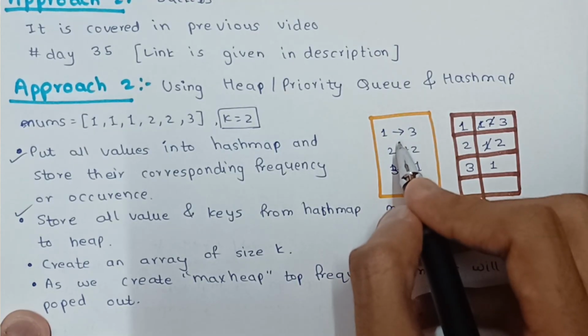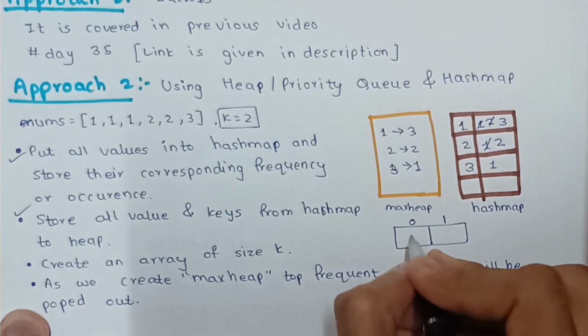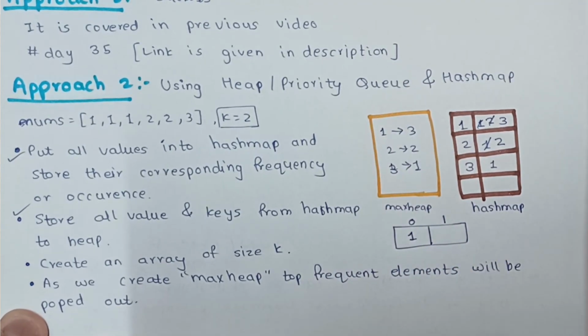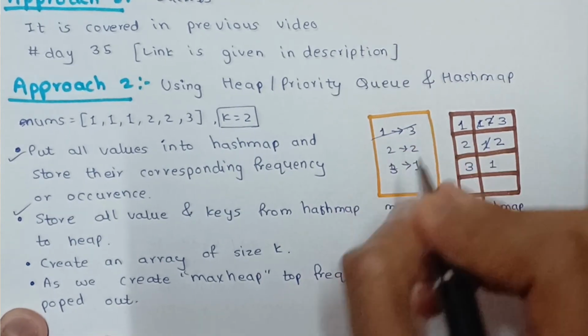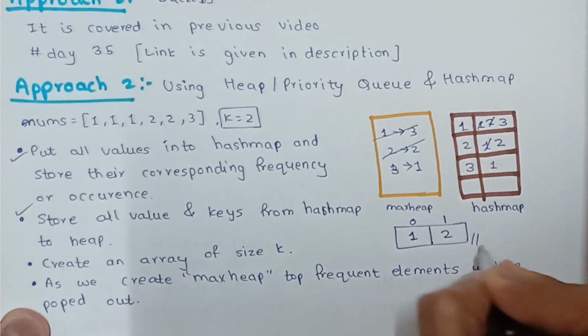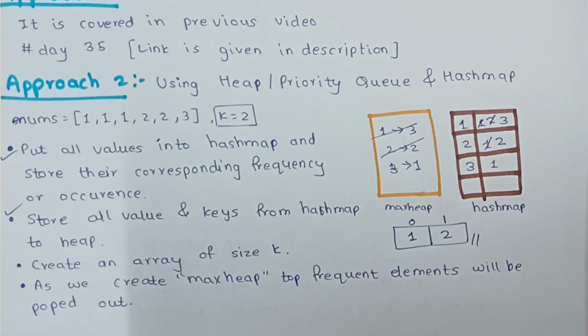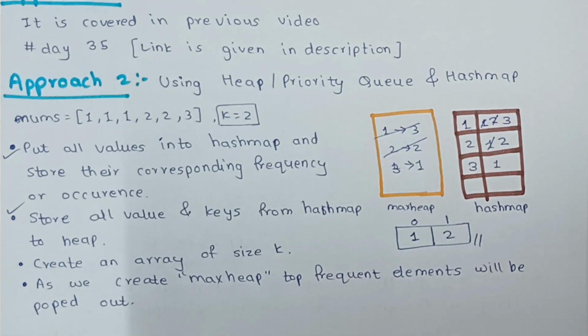So 1 will be popped out and stored into the array, then 2 will be popped out and stored in the array, and we return this array, which is 1 and 2, and our output is also 1 and 2.